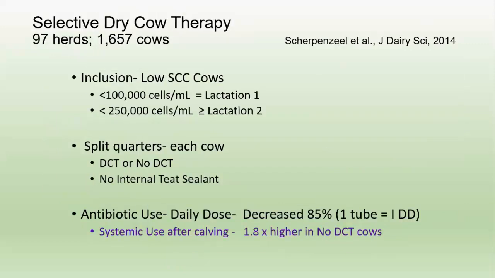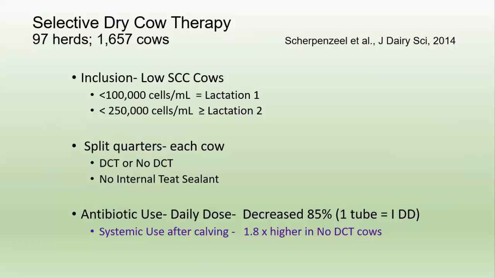In another study done in the Netherlands, over a large number of herds and number of cows, again, somatic cell count was used as a criterion to try to determine which cows should be treated with dry cow therapy and which should not.